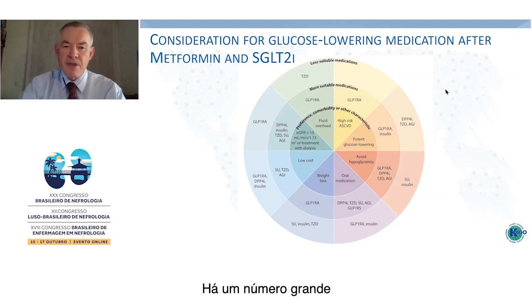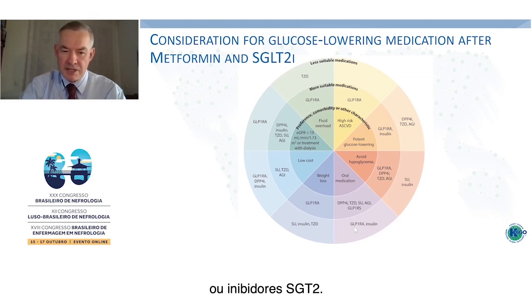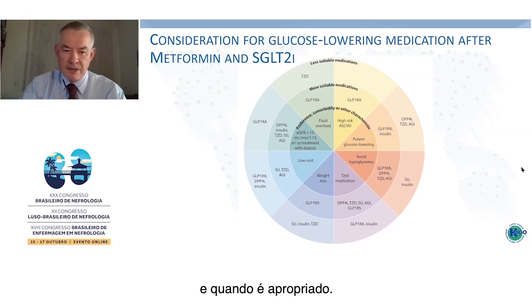And you have a number of anti-glycemic therapies, from TZDs to DPP-4 inhibitors, sulfonylureas, or insulin, and the modern ones, more expensive GLP-1 receptor agonists or SGLT2 inhibitors. And you can here choose your medication according to the risk of the patient, comorbidities, and whenever appropriate.